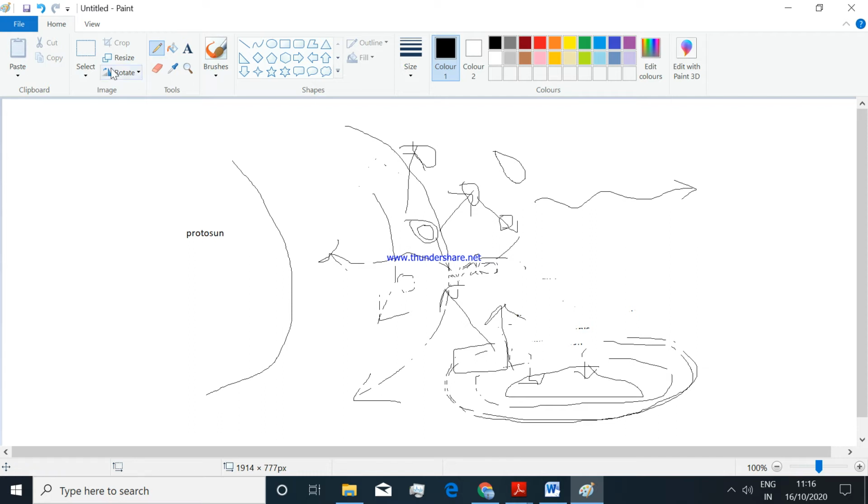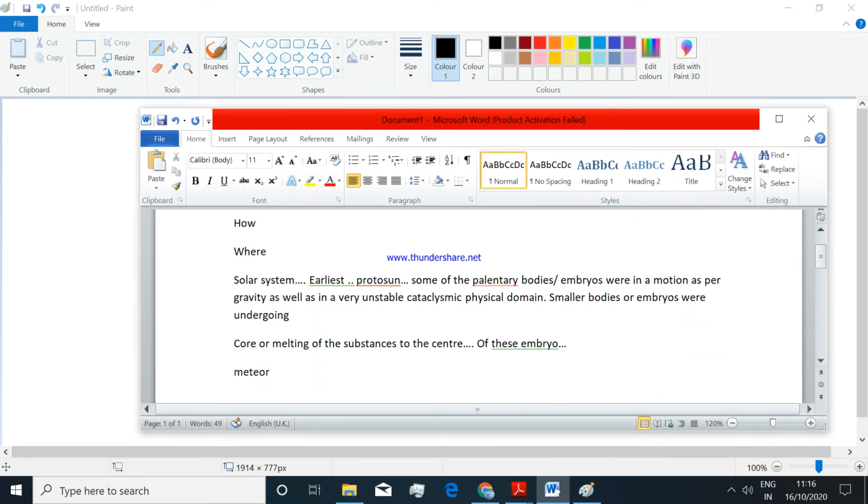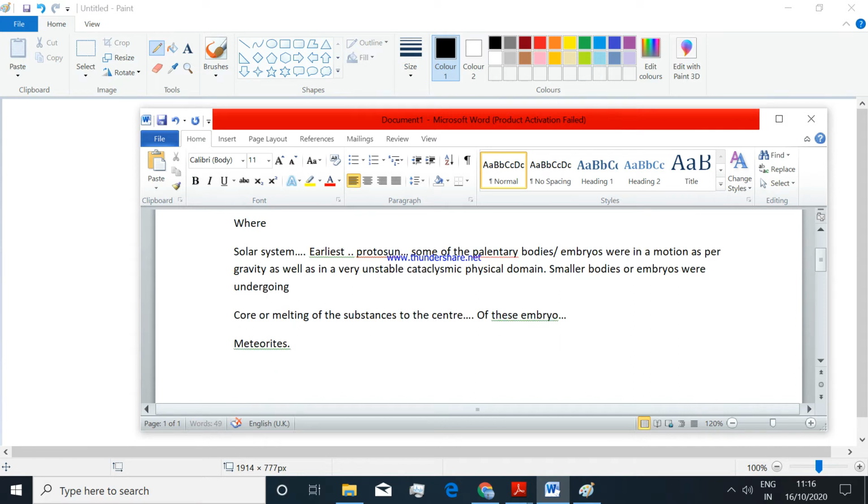And the earliest remnants of these fragments can be found in the form of the meteorites that we see nowadays.